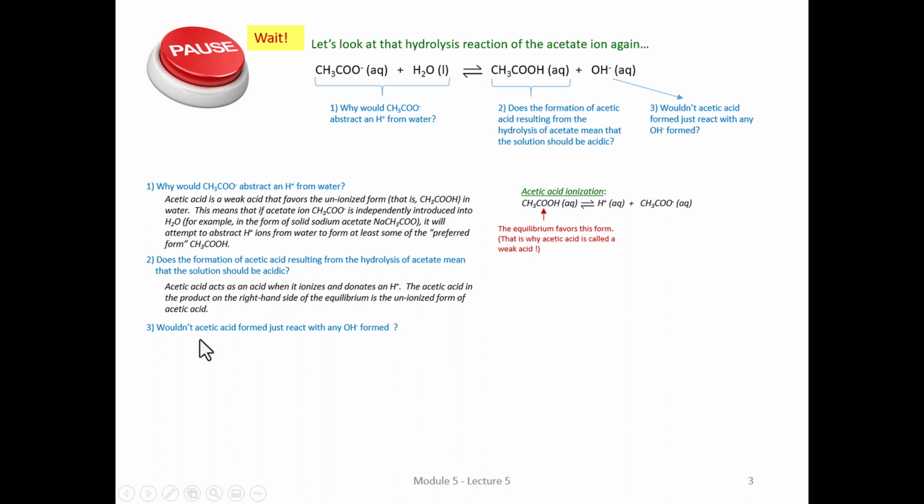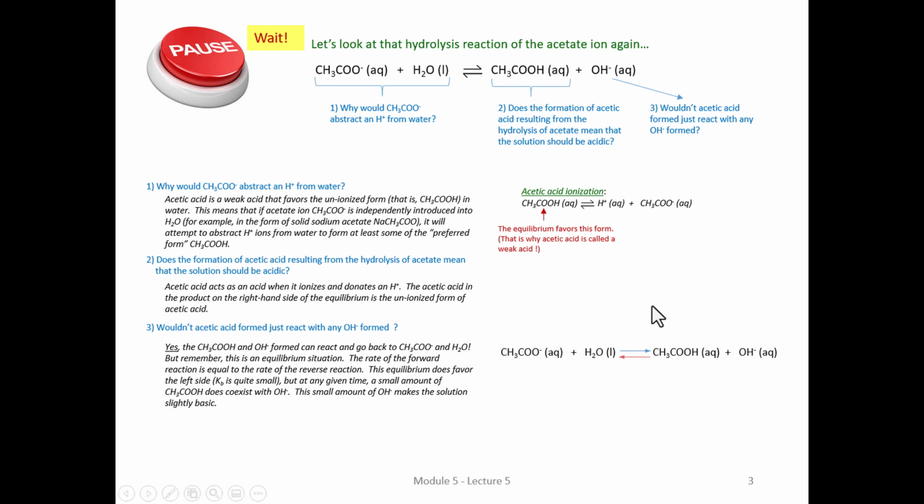And wouldn't acetic acid that's formed just react with any hydroxide that's formed? And the answer to that is yes. The acetic acid and hydroxide can react and go back to the acetate in water. But remember, this is an equilibrium situation. The rate of the forward reaction is equal to the rate of the reverse reaction.